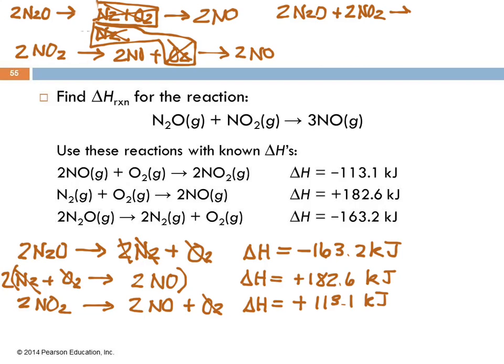And those are forming, I'm going to lump all these guys together, right? That's 6 NOs. So this is very much related to this, right? It's just doubled.